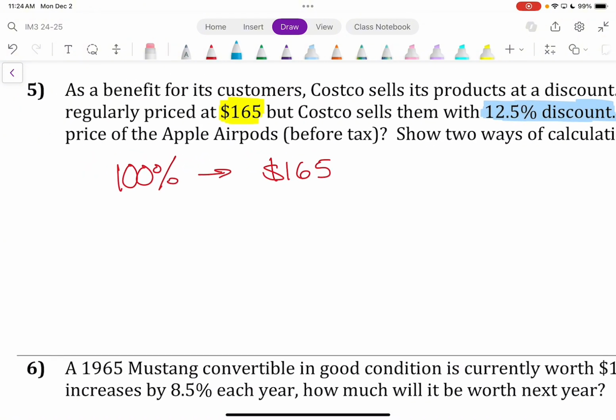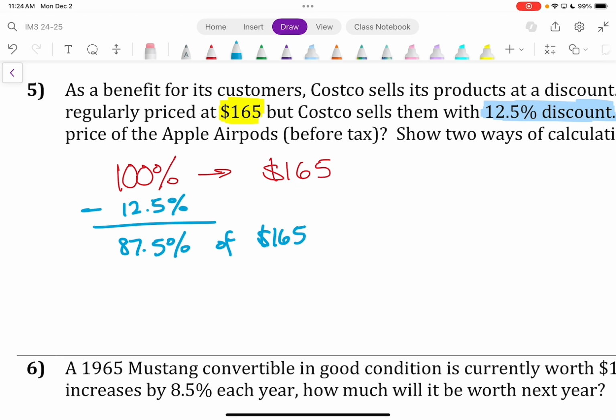We are paying at a discount. How much exactly? Well, we're taking away 12.5%. So in reality, what we're paying is 87.5% of the 165. That's what we want to figure out.